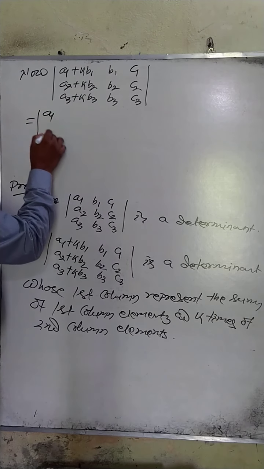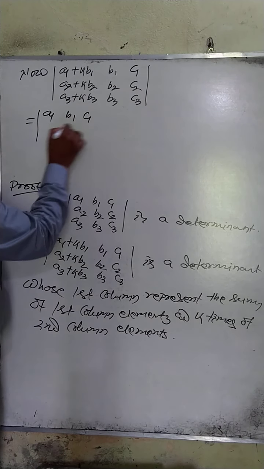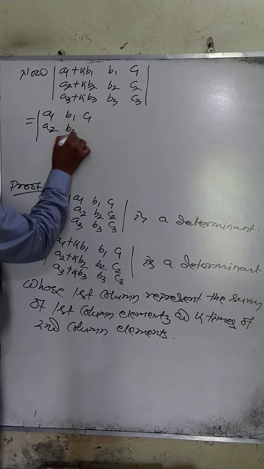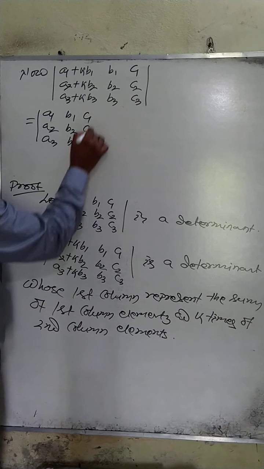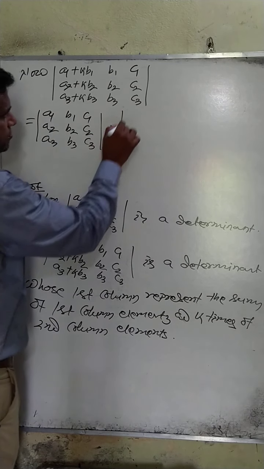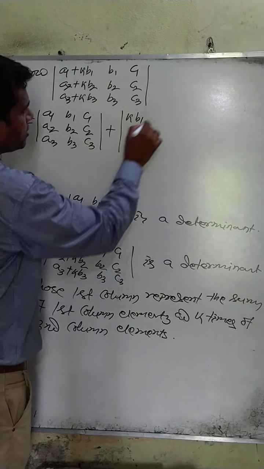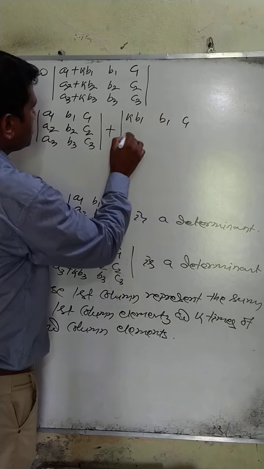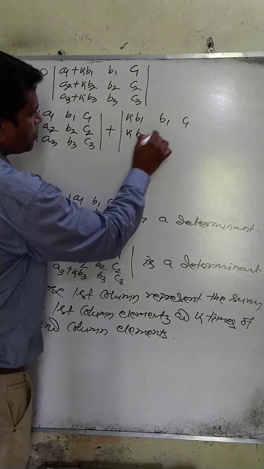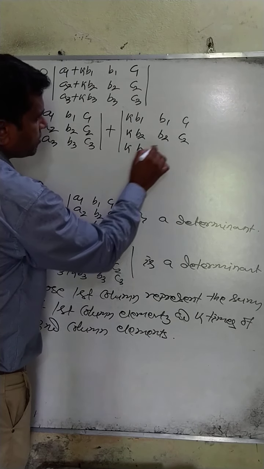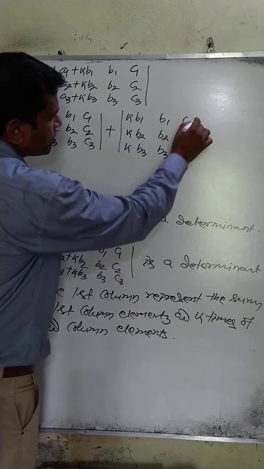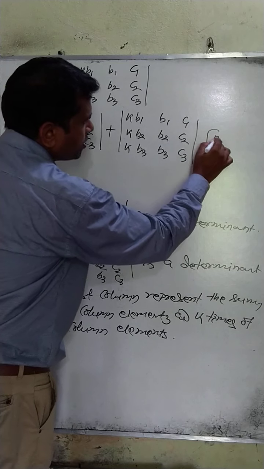So we have a1 b1 c1, a2 b2 c2, a3 b3 c3 plus k b1, b1, c1, k b2, b2, c2, k b3, b3, c3.